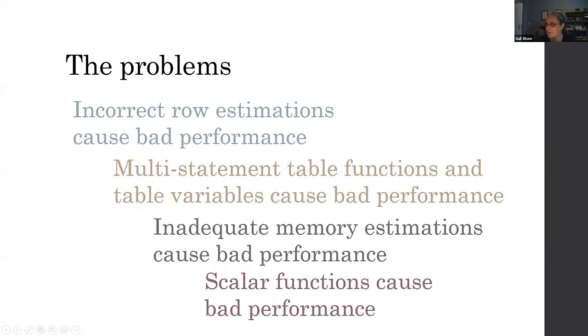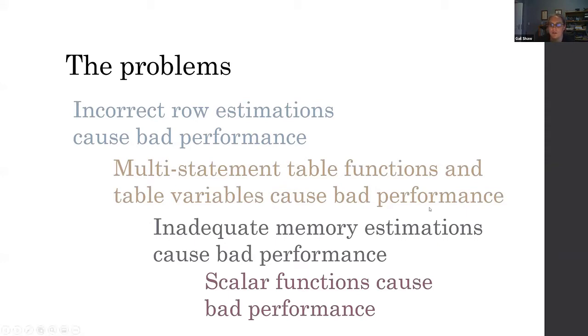You can ignore what I'm keeping on screen. All of these are ones that adaptive query processing, intelligent query processing, in its 2019 version, address. Most of these were addressed in 2017 as well, not all of them. It took as long as 2019.